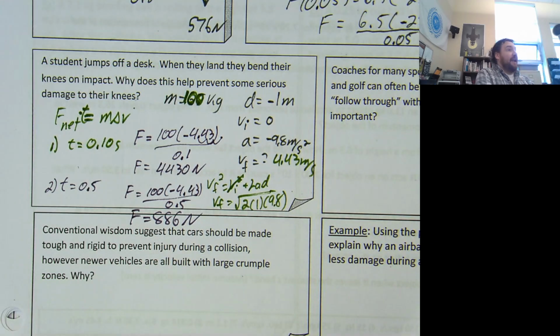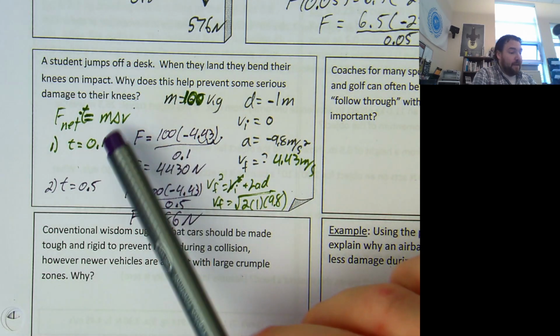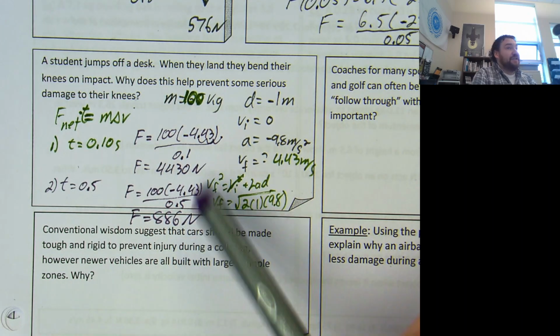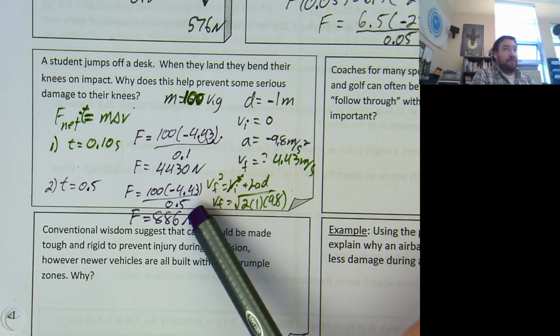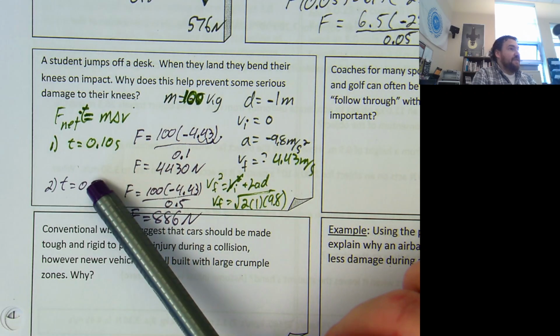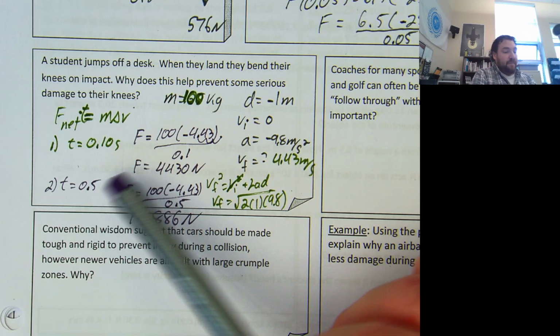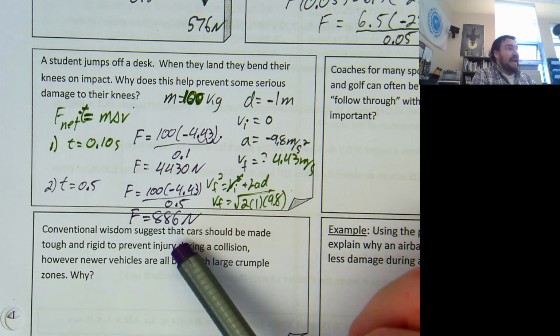And all I've done is allowed myself an extra 4/10 of a second to stop. Not a lot of time, but massive as far as what it does to save the body. 4/10 of a second is not a lot of time, but the savings are huge. 80% less force.